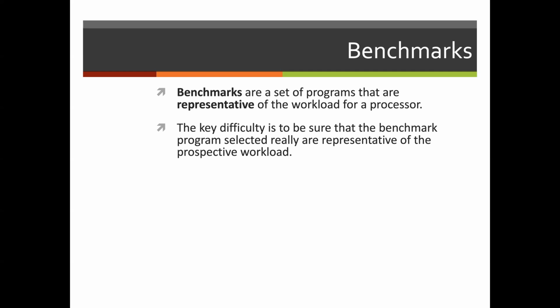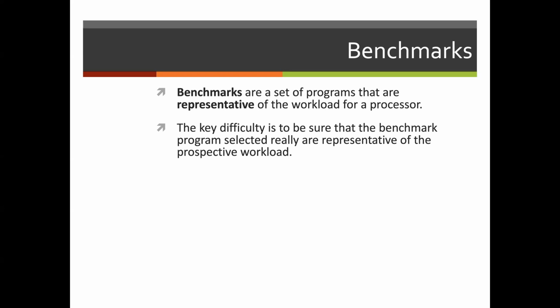And that can be a difficult task because one benchmark might be very heavy computationally, but another benchmark might be very heavy memory-wise. And so you have to determine what benchmark is going to represent the type of application that you're dealing with.